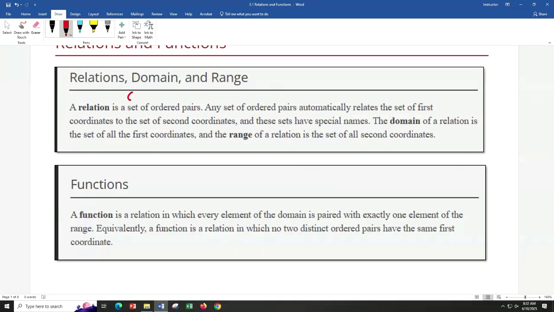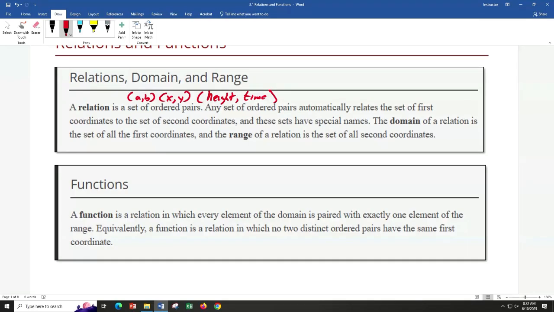So we can think of the ordered pair of, let's say, A, B, or X, Y, or even something like height and time, because they do relate together. Any set of ordered pairs automatically relates the first coordinates to the second coordinates. And these have special names.